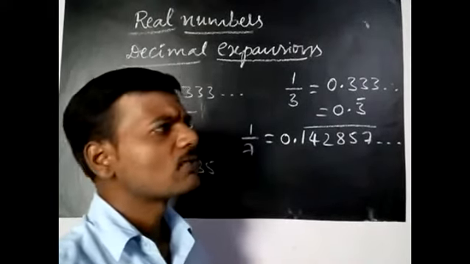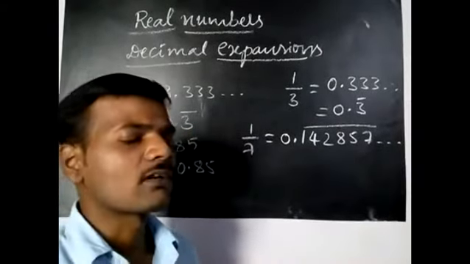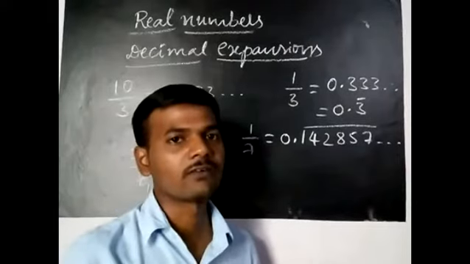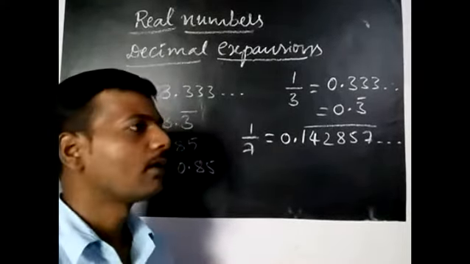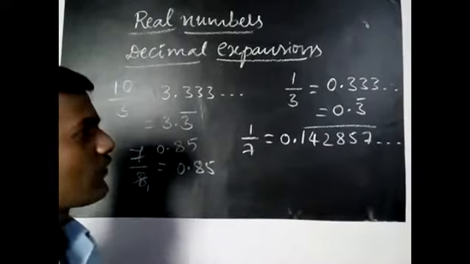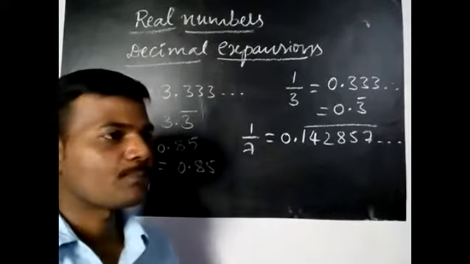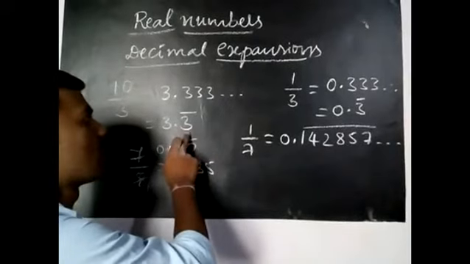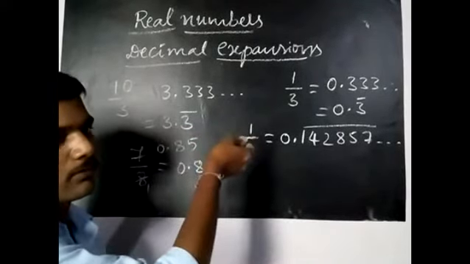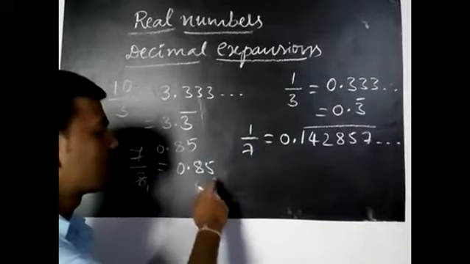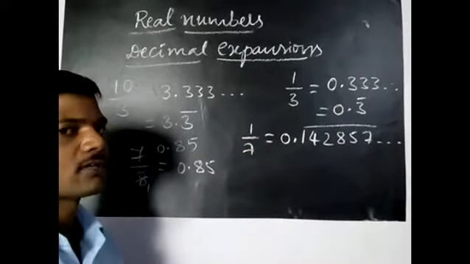So these are the decimal expansions of the real numbers for the given numbers which we have taken for the examples. Observe the first decimal expansion. Here the digits after the decimal point are finite.